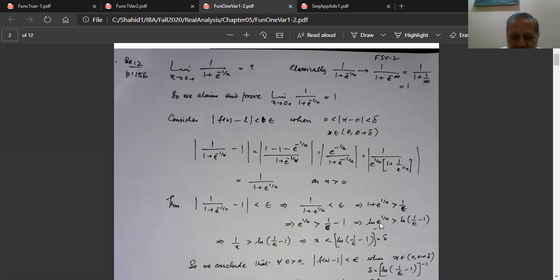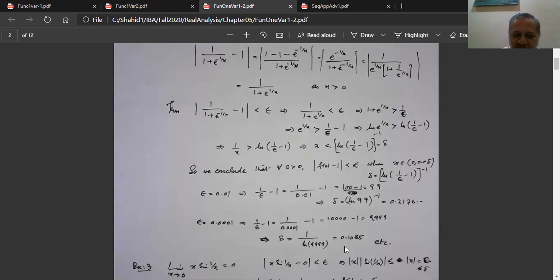Apply ln on both sides, and we see that 1 upon x is greater than this, and take the reciprocal, and x is less than this. So this expression, 1 upon ln of 1 upon epsilon minus 1, becomes delta. So in formal language, f(x) minus L is less than epsilon whenever x is less than this delta.